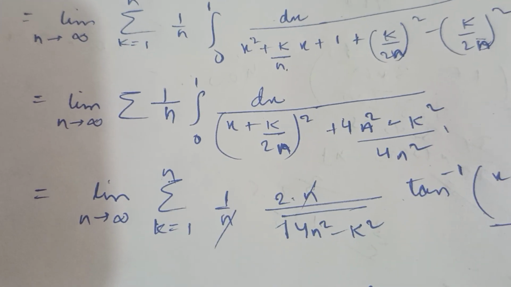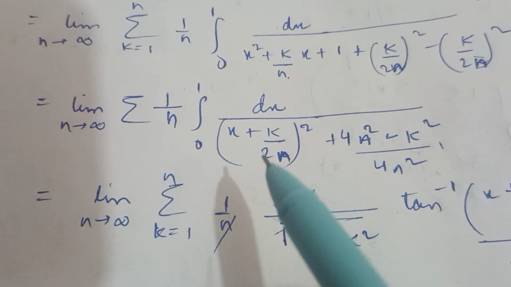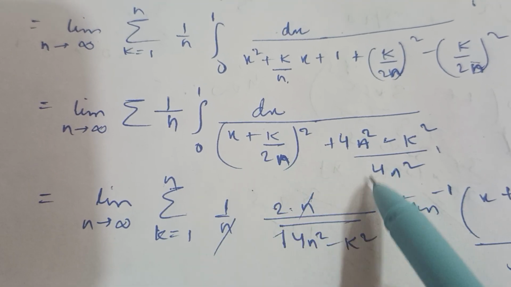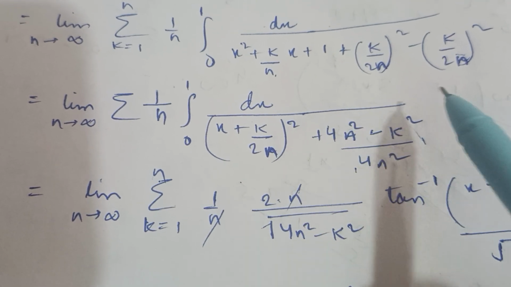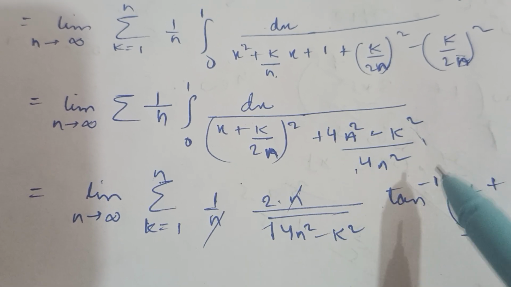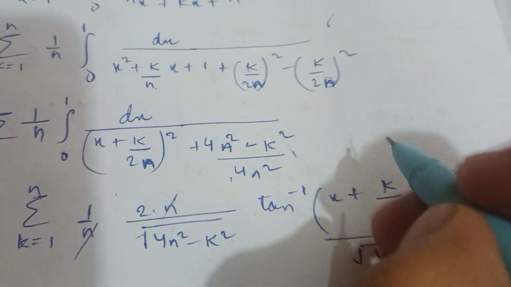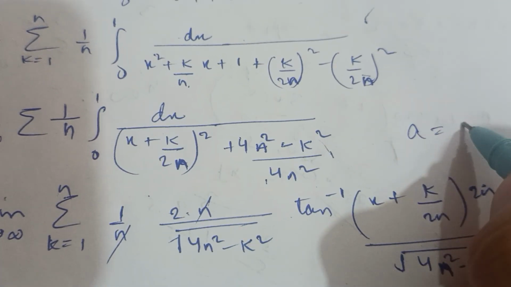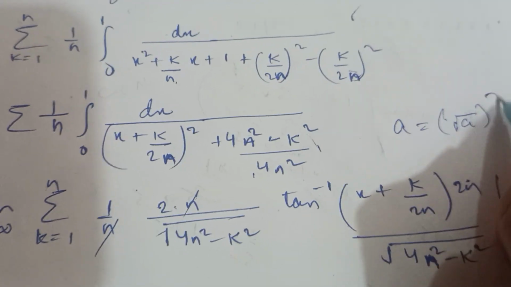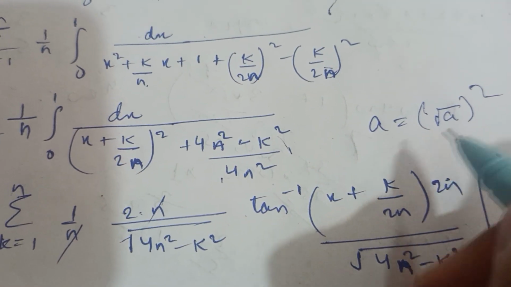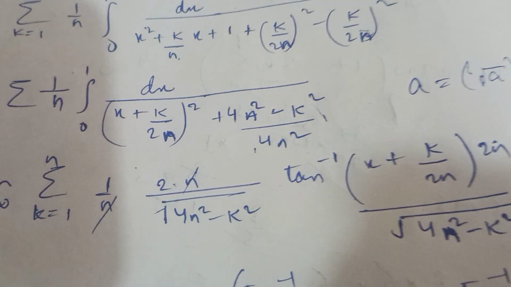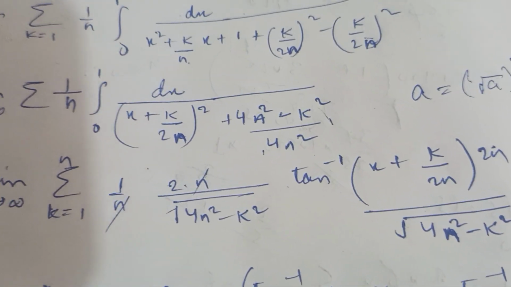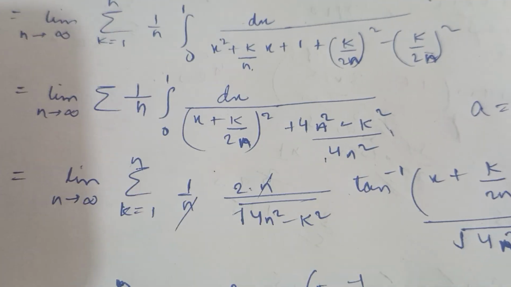Just for the purpose of making it an a square plus b square form in the denominator, so that I can take the integration as tan inverse x. If you know the integration of tan inverse x, that is.